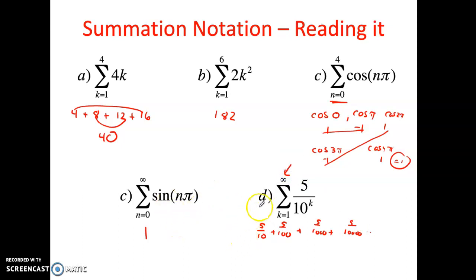Looking at it as decimals: 0.5, 0.05, 0.005, 0.0005. This ends up being 0.5555 repeating, which is 5/9. Anytime you have a repeating decimal, you put it over 9, which we'll talk about tomorrow.